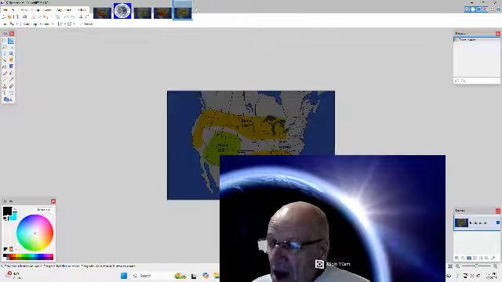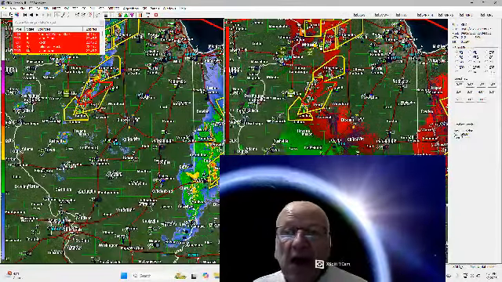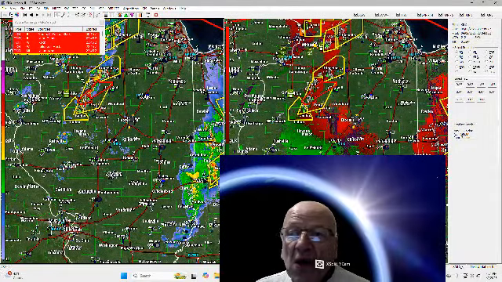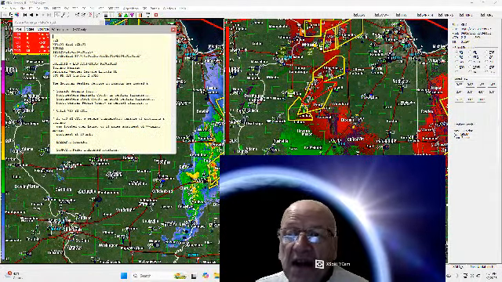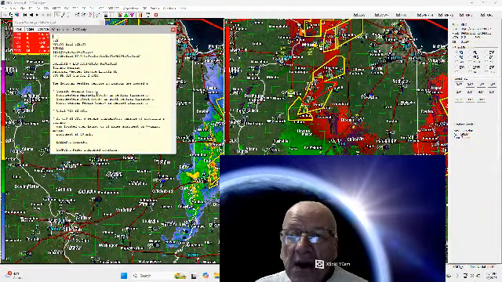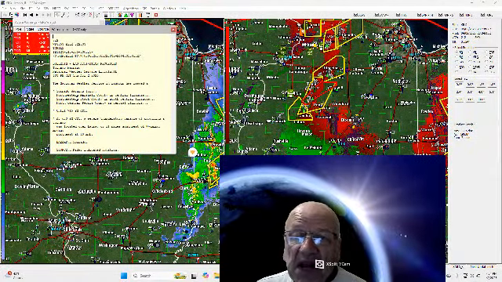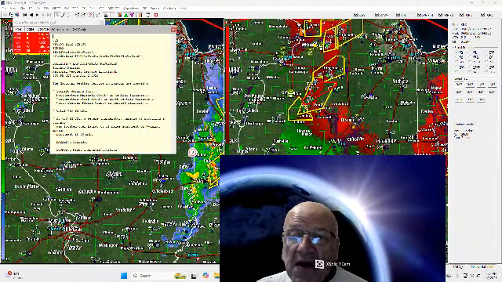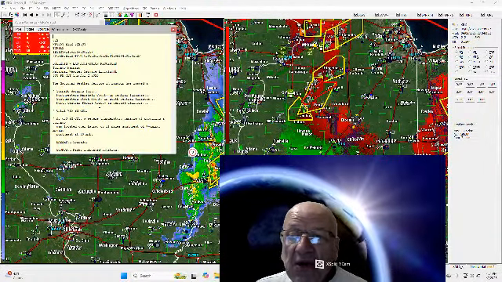Okay. We currently have severe weather occurring, and we have a lot of tornado warnings here that are in effect. So first we have this one here. This is in effect until 7:15 p.m. Central Daylight Time for northwestern Marshall, southeastern Stark County, and north central Peoria County.